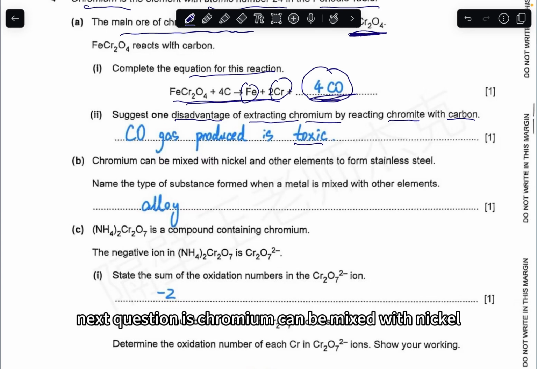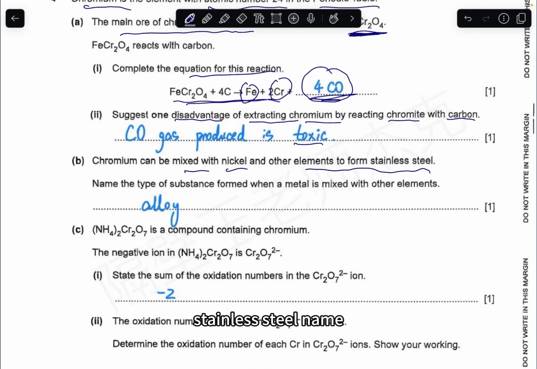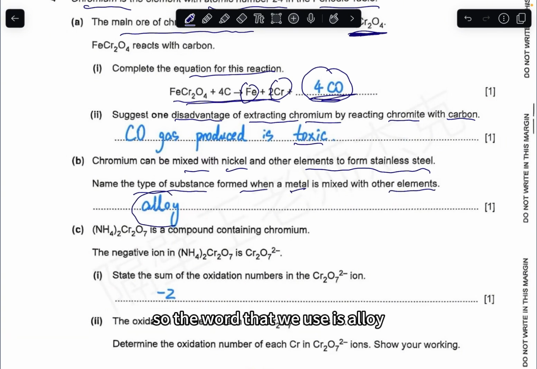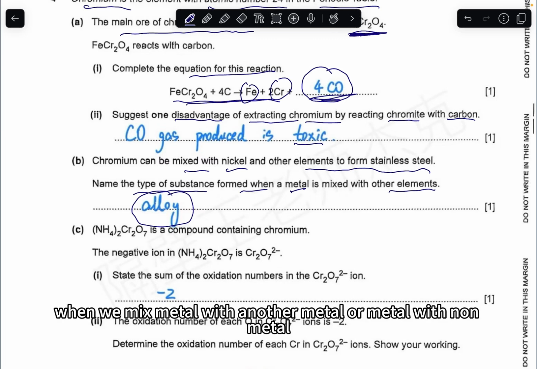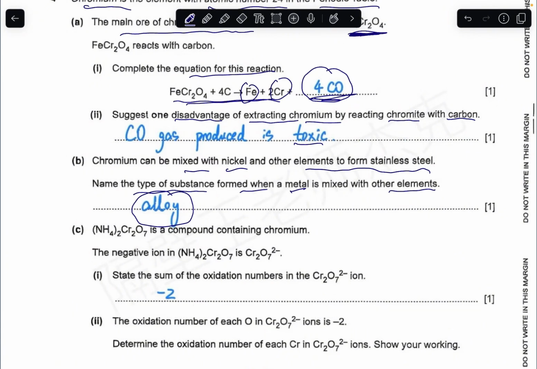Next question is, chromium can be mixed with nickel and other elements to form stainless steel. Name the type of substance that is formed when a metal is mixed with another metal. So the word that we use is alloy. Alloy is made when we mix a metal with another metal or a metal with a non-metal, to improve its properties for better use.